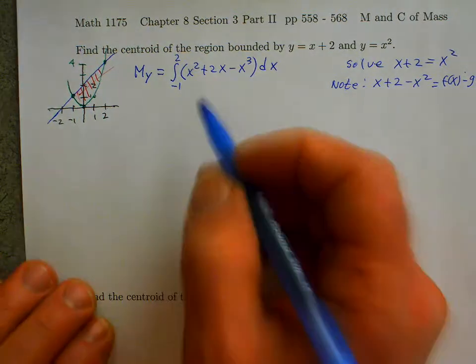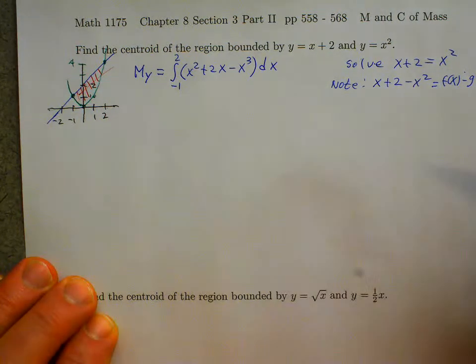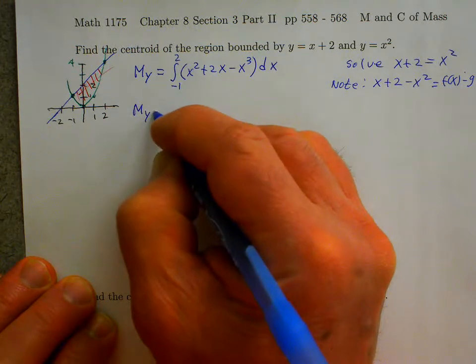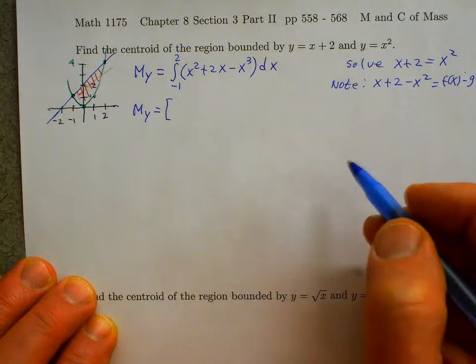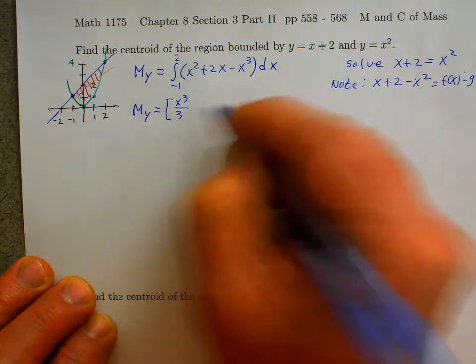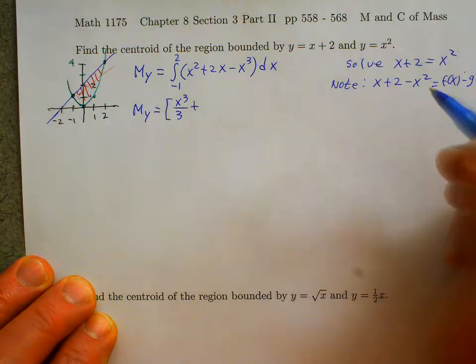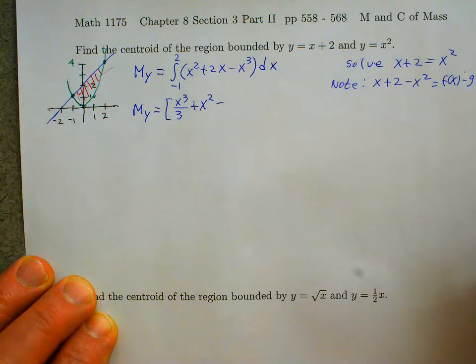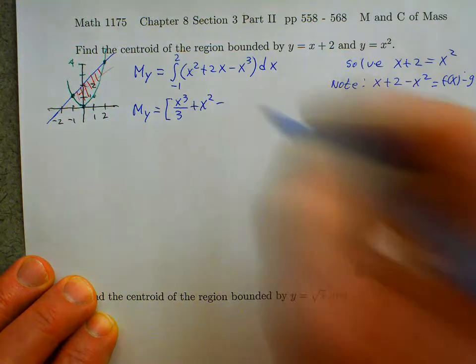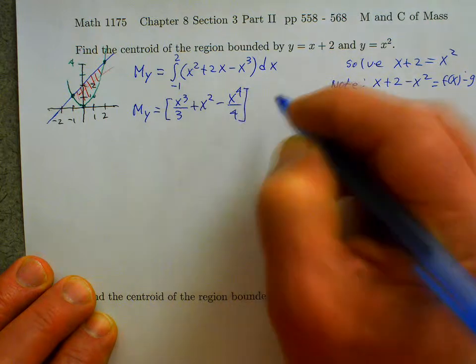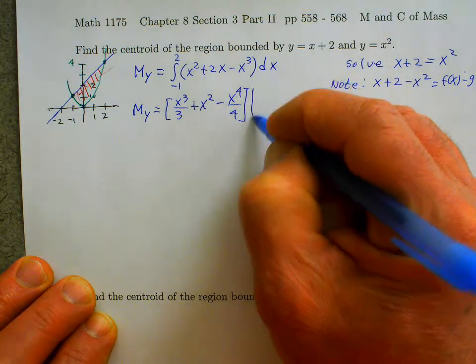This one is fairly simple to evaluate. An antiderivative of x squared is x to the third over 3, of 2x is x squared, and of x to the third is x to the fourth over 4. We evaluate this from -1 to 2.